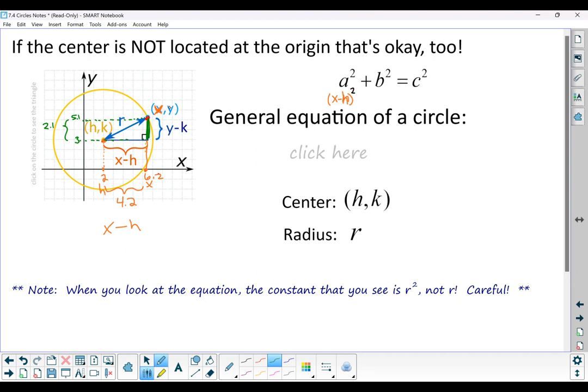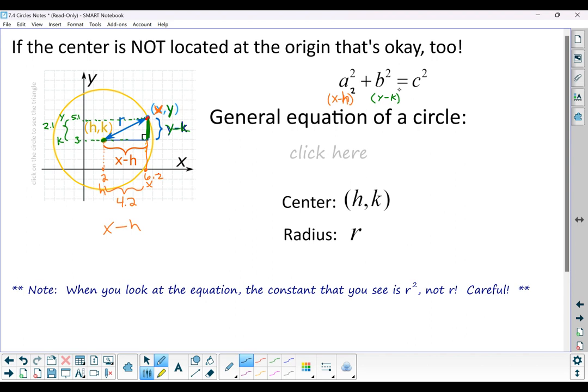But we don't want to just be talking about this particular point. We want to be talking about just a general point on the edge of the circle. So we're going to call the height y, and the center's height is called k. So that turns into a y minus k for our height. And that is the other leg of the triangle.